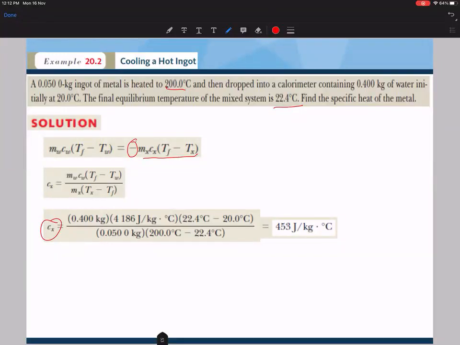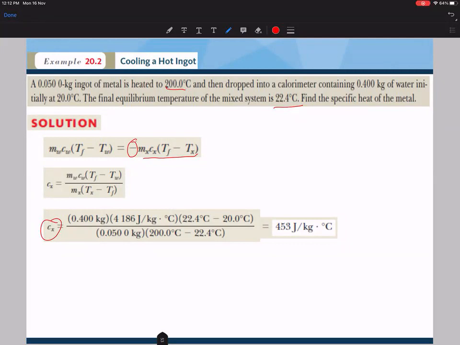Now, in the discussion so far, we are focusing on the change of temperature in a system that does not change its phase. But this example has actually hinted at something.